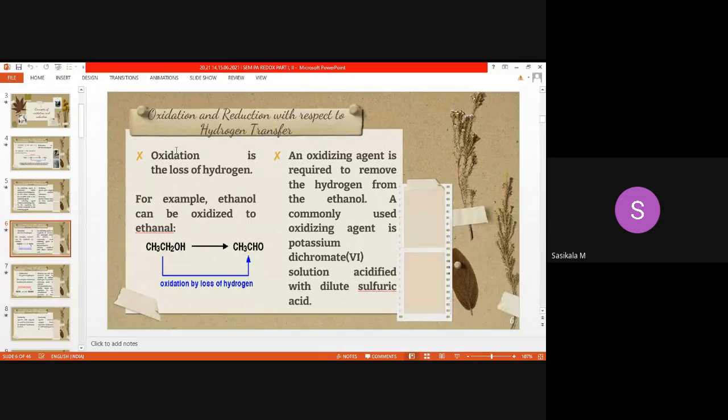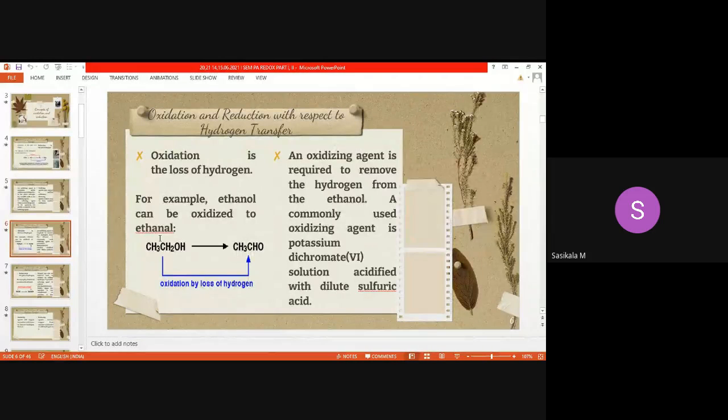Oxidation is nothing but loss of hydrogen, or removal of hydrogen from the molecule. For example, ethanol, an alcohol, can be oxidized to acetaldehyde. Alcohol to aldehyde oxidation occurs because removal of hydrogen occurs from the alcohol.